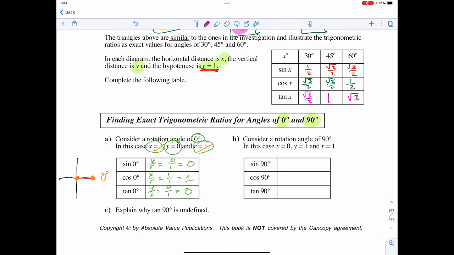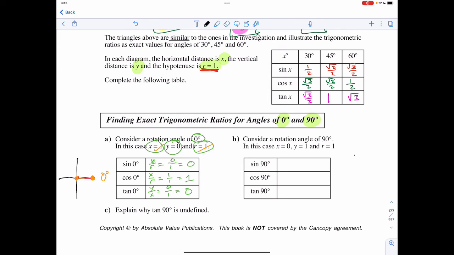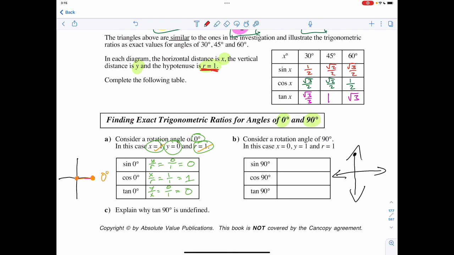At 90 degrees, it's going to be looking like this, where my initial arm is here. My terminal arm is going to be here.